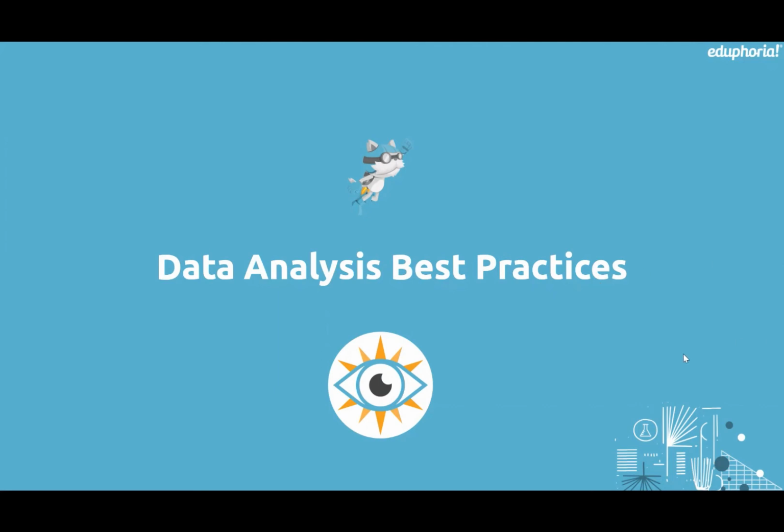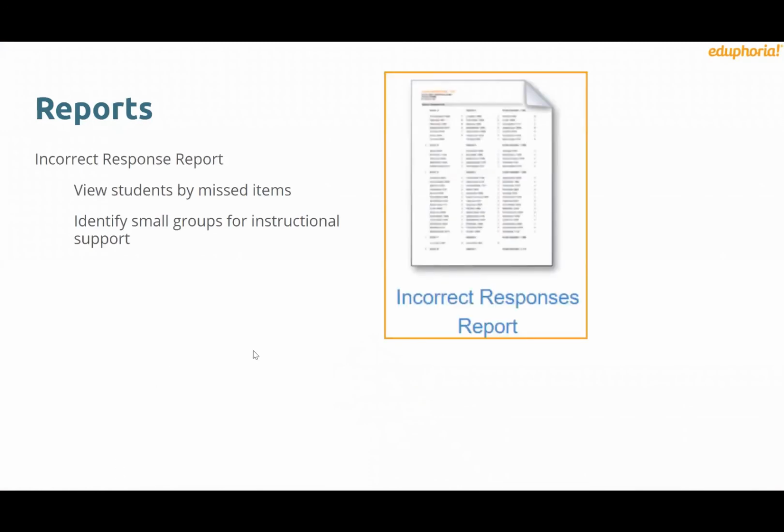Then as we go into our last piece of data analysis best practices, some of this we talked about in our last session. It's going to be a good refresher, but we're just talking about it from a little bit different lens. And so we talked about the incorrect response report last time. It's still one of my all-time favorites, wins teachers over.